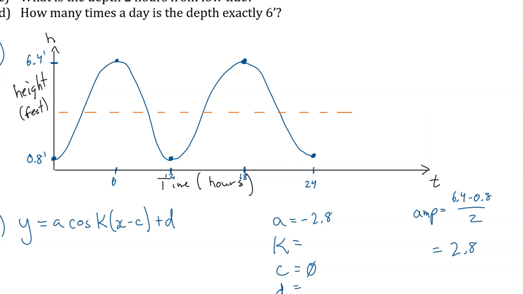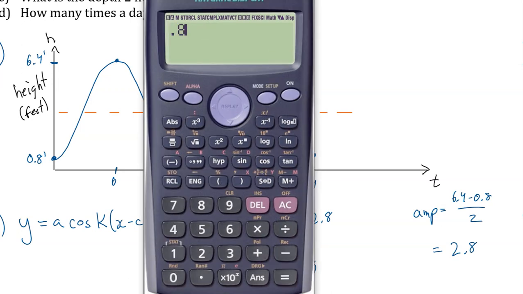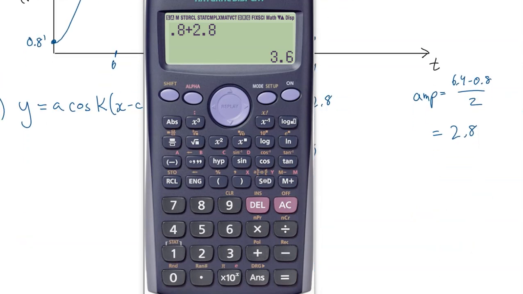How do I get it? Get the minimum and add the amplitude to it. Yes, very good. Add the amplitude to the minimum or subtract the amplitude from the maximum, right? So 0.8 plus 2.8, so that gives me 3.6.